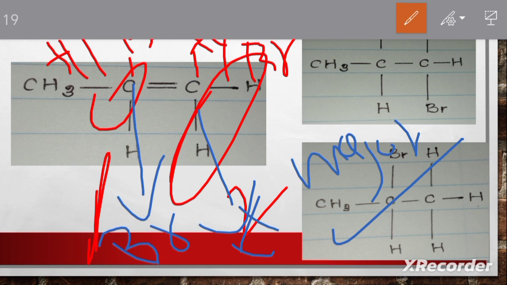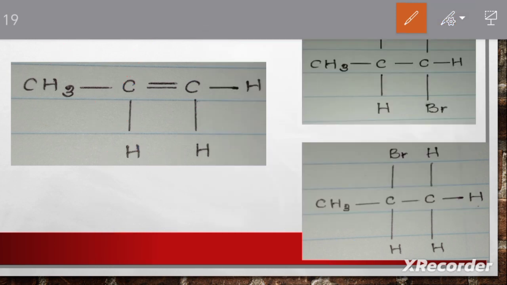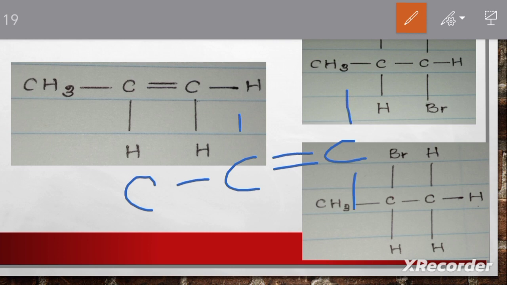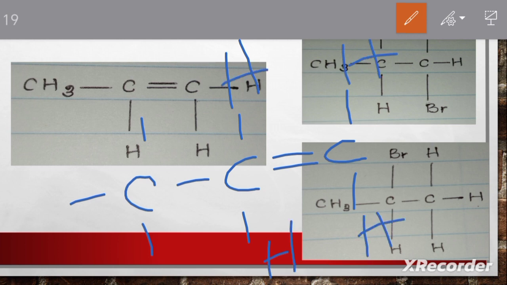Right? Think of a situation like this: carbon, carbon, carbon, with the double bond here and two hydrogen like this. I am going to add HBr to this. So here this has hydrogen, two hydrogen, two hydrogen. What happens here?